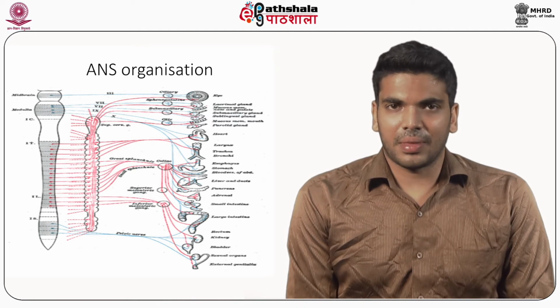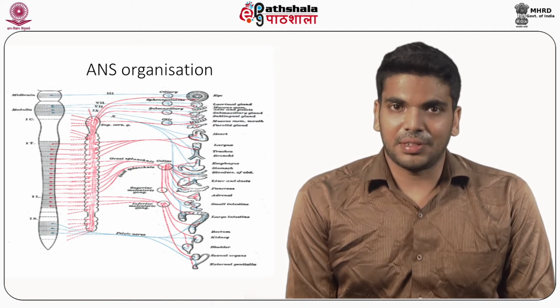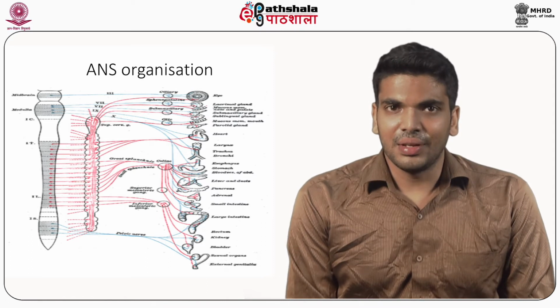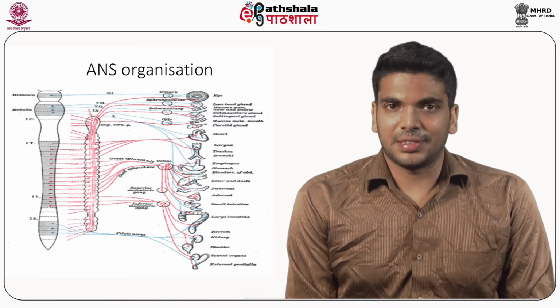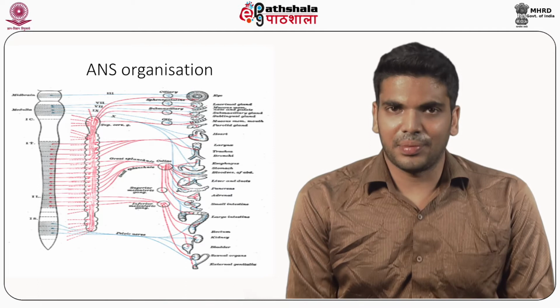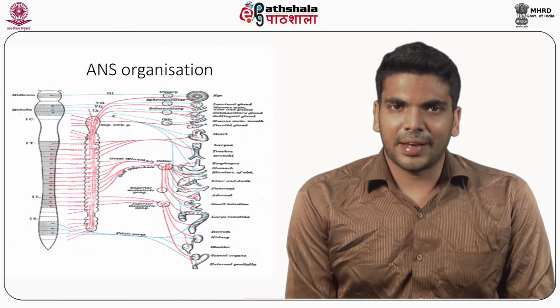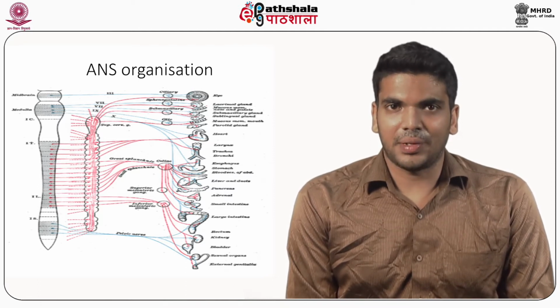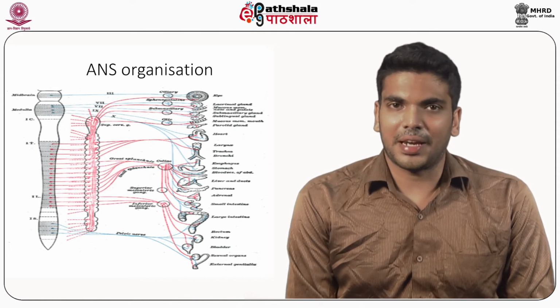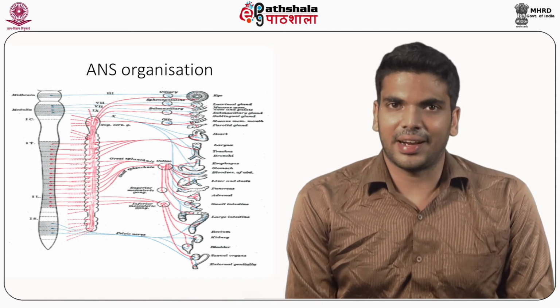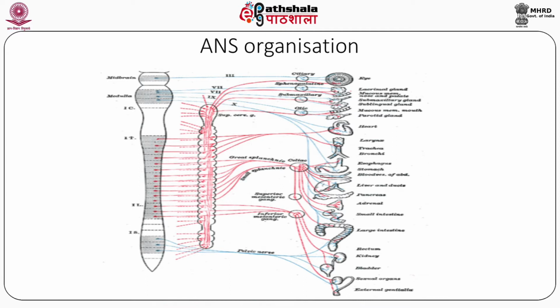So if we see the sympathetic nervous system, it is called the thoracolumbar outflow because the preganglionic fibers come from the thoracic and lumbar spine, and then the preganglionic fibers synapse at the autonomic ganglia, which are present in something called the paravertebral sympathetic chain of ganglia, and from there postganglionic neurons go to various effector tissues of the sympathetic nervous system.